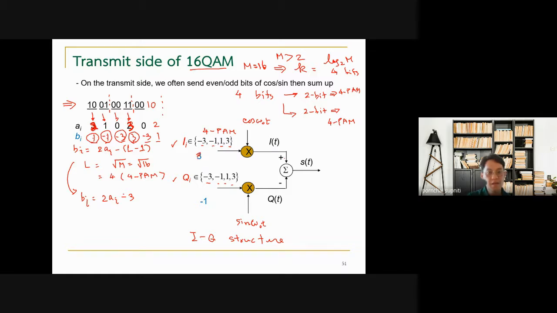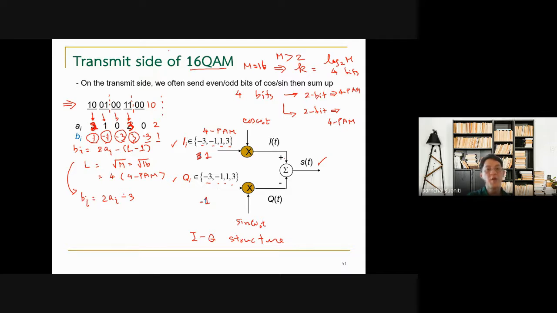We send 1 and we send minus 1 here, together at the same time. So this s(t) will result in one of the pulses of 16 QAM, and the amplitude and the phases will vary accordingly.